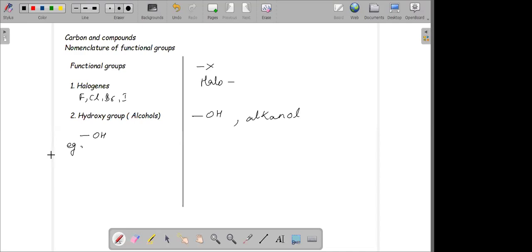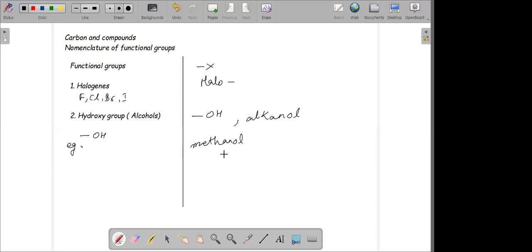Repeat which alcohol you are talking about. It's not methane alcohol, it's methanol. Yeah, it is methanol.